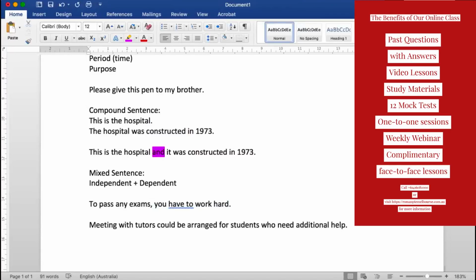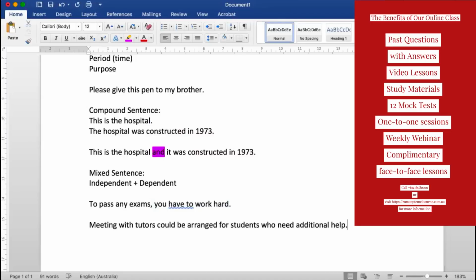The reason is not that my memory is good, but I understand the sentence construction well. As you can see here, meeting with tutors, this is the subject, could be arranged, the verb, for students who need additional help, the object part or the predicate part. So you can see there are three parts of the sentence which we have organized like this.